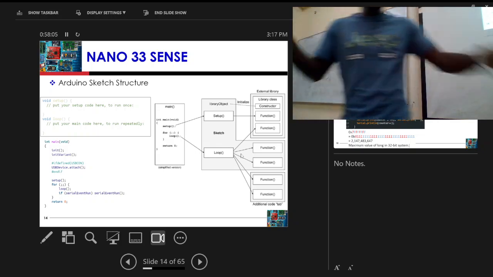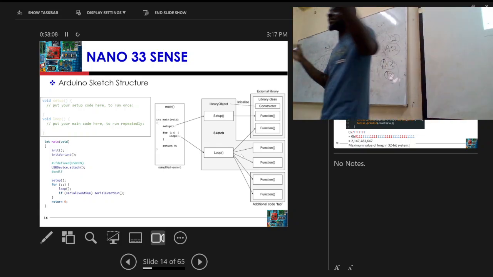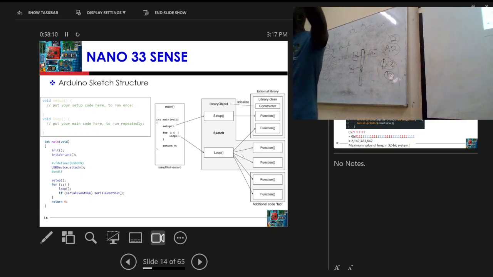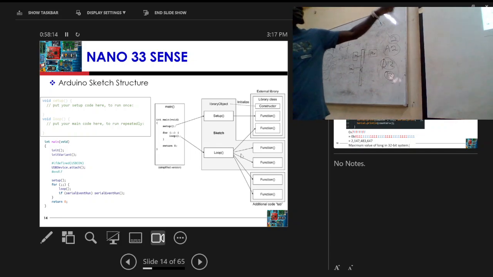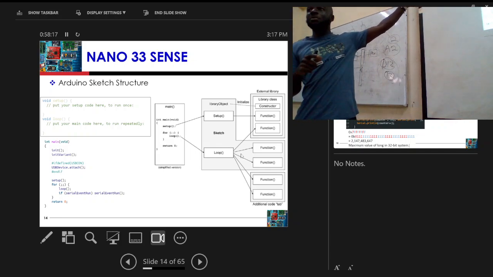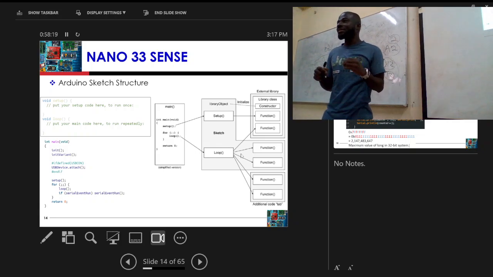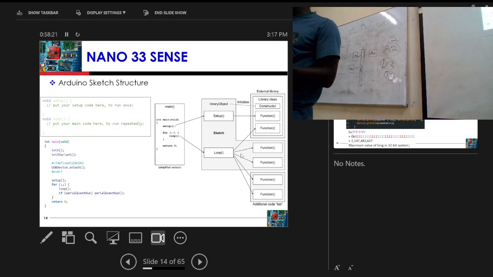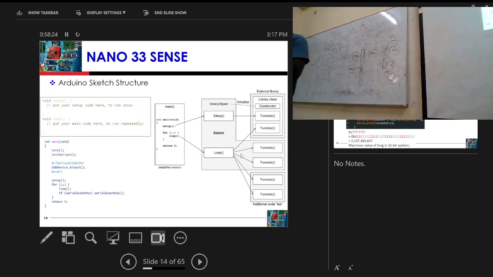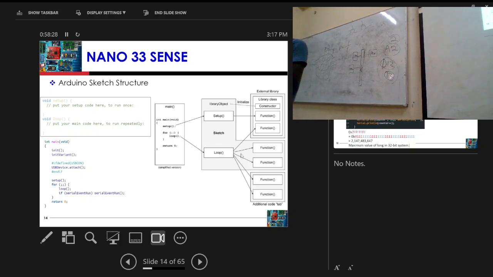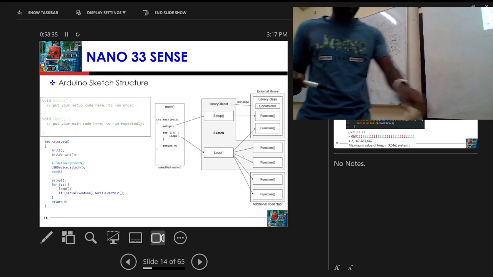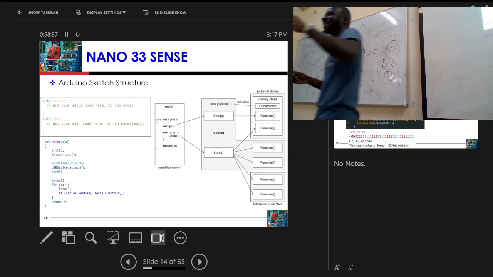All right. So the main thing is that we have two main functions, as I said the last time. There is the setup function, right? Have you seen it on the board? And then there is the loop function. Anything you want to set up, for example if I want to control a digital pin, the inbuilt pin is pin 13 on the Arduino board, I have to initialize it in the setup.